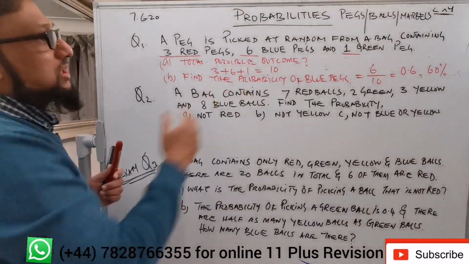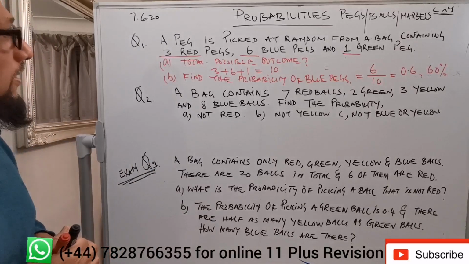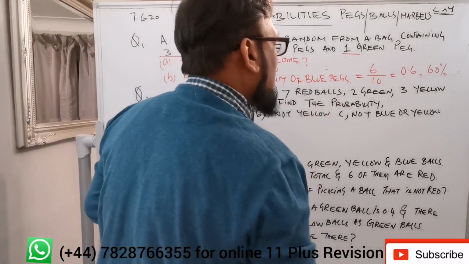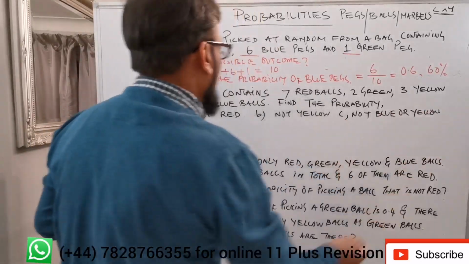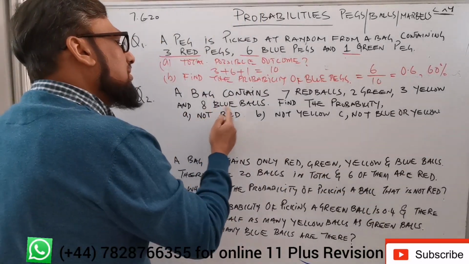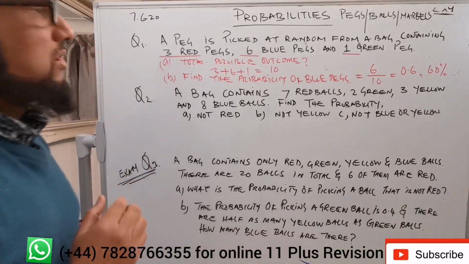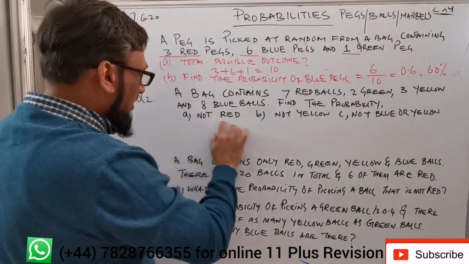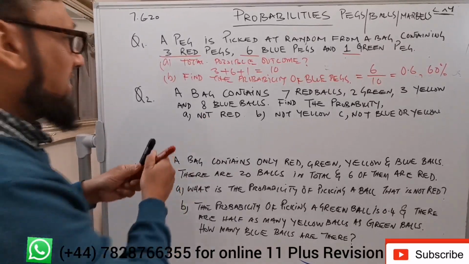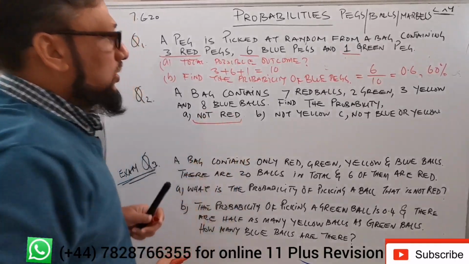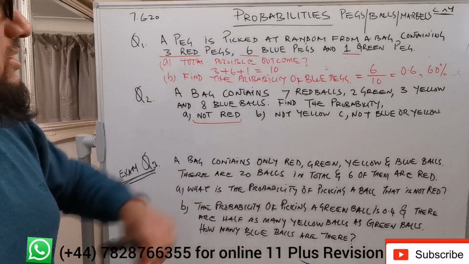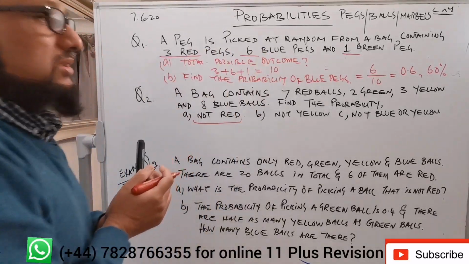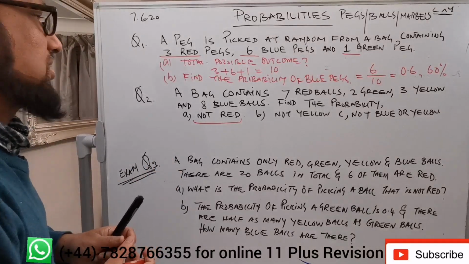Now let's move to question number 2. A bag contains 7 red balls, 2 green, 3 yellow, and 8 blue balls. Find the probability. Part A: not red. So first we need to find the total number of possible outcomes.